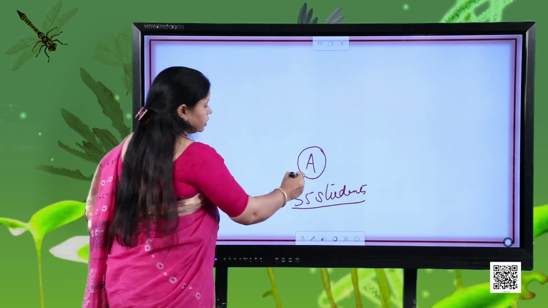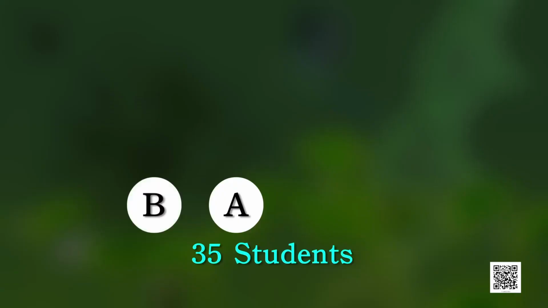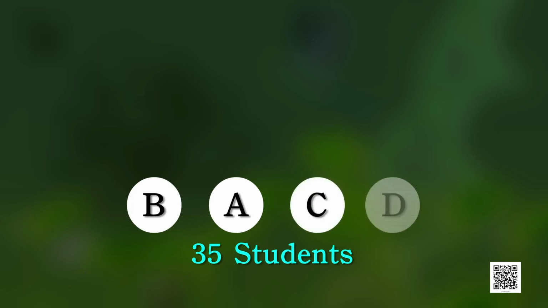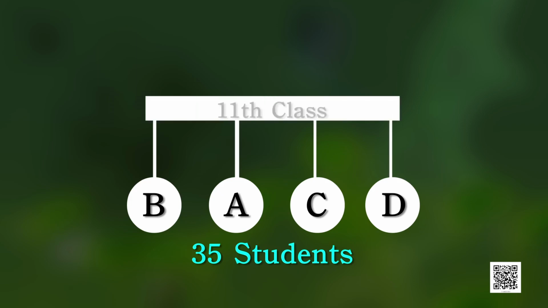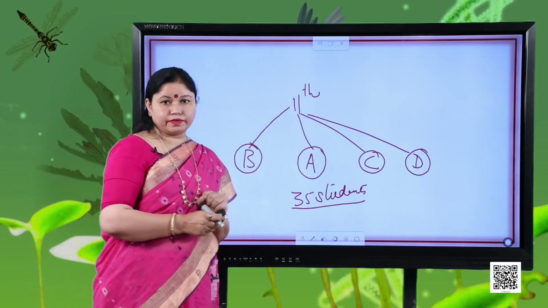Let us consider there are 4 sections, section B, section C, section D, in a particular class. All these sections are kept in a particular class. Let us say this is the 11th class.